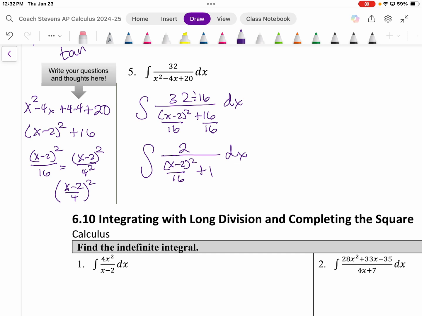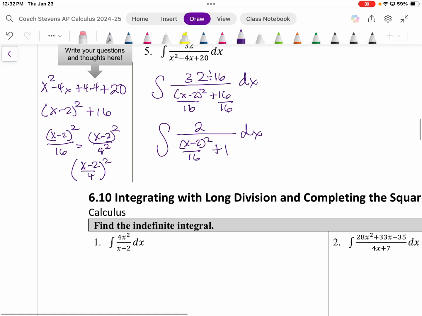So I'm going to let u be x minus 2 over 4. And this one we will need to use the du. So u is equal to x minus 2 over 4, and when I take the derivative, du is equal to just 1/4 dx.